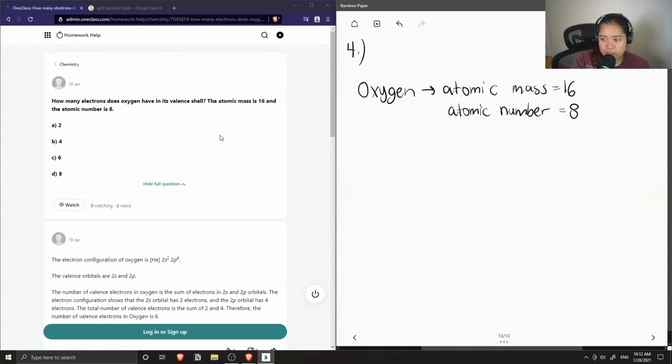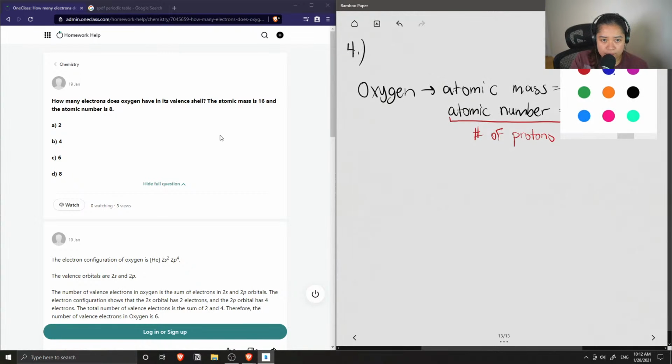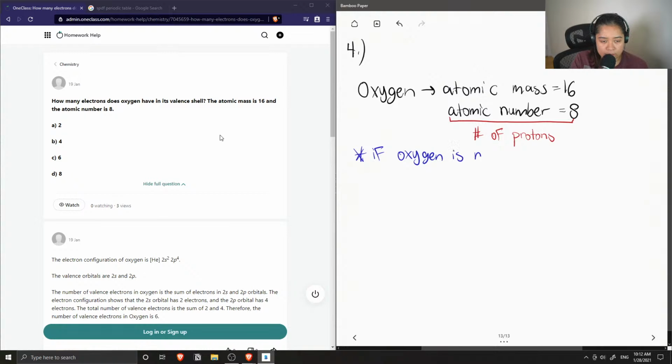But what we're most interested in is atomic number, since atomic number tells us the number of protons. And if we have a neutral oxygen atom, then that means we also have 8 electrons.